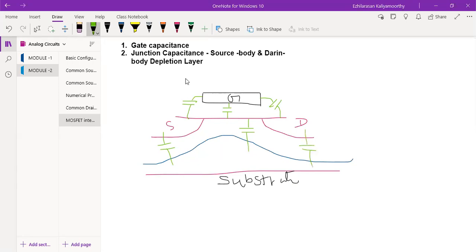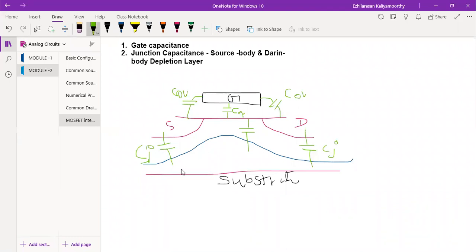So let us label these. This is CG, that is gate capacitance. This I call COV, that is overlap capacitance. There is also an overlap capacitance on the other side. Then this is CJ, that is junction capacitance, and this is also CJ, junction capacitance.